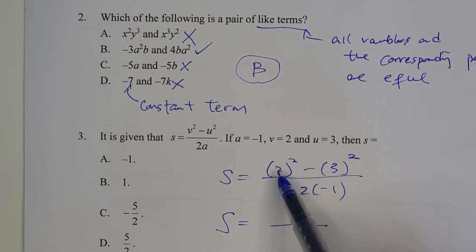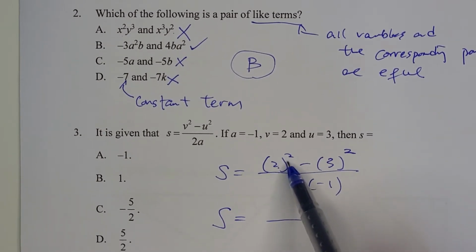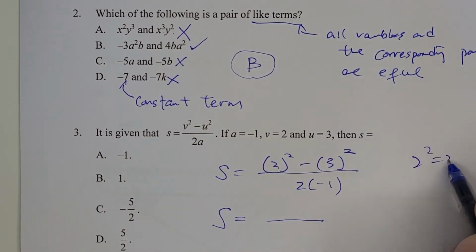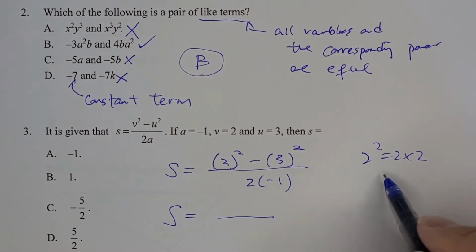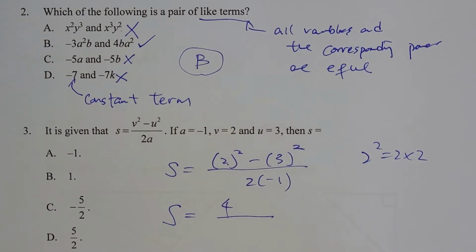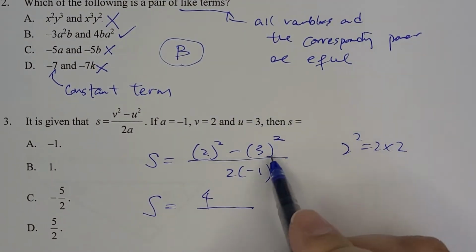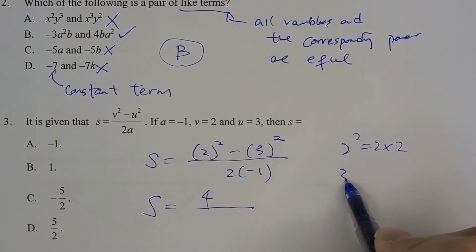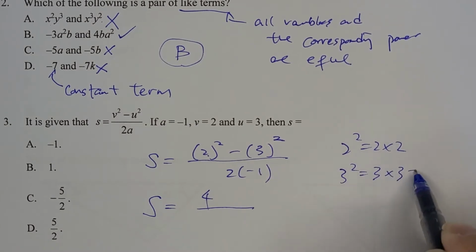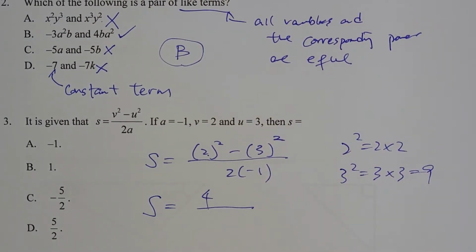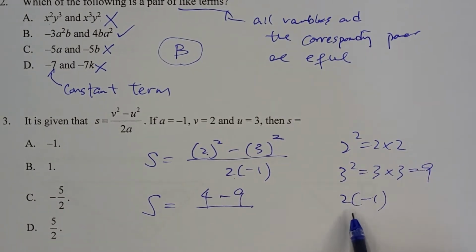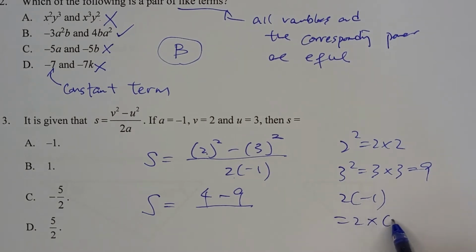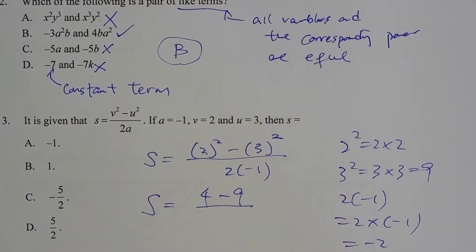Simplify the bracket first. 2 squared, that means 2 times 2. Alright, so that is 4. And here, 3 squared means 3 times 3, that's 9. 2 bracket negative 1, that means 2 times negative 1, so that's negative 2.